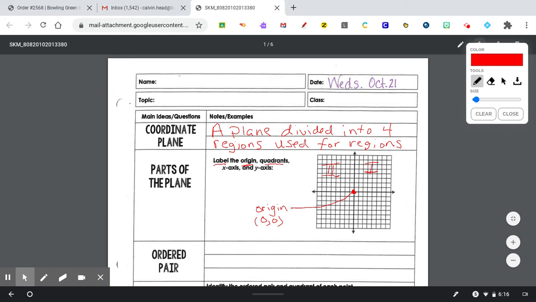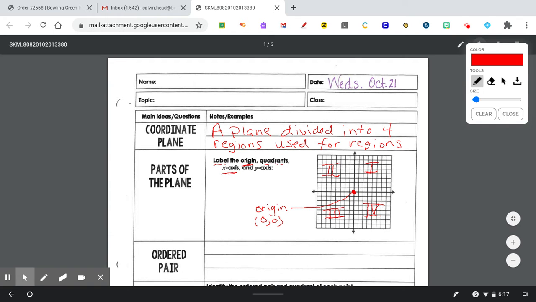Quadrant 3 is the bottom left. And then quadrant 4 is the bottom right. So again, you label your quadrants, it's in the fourths, and it's using Roman numerals.